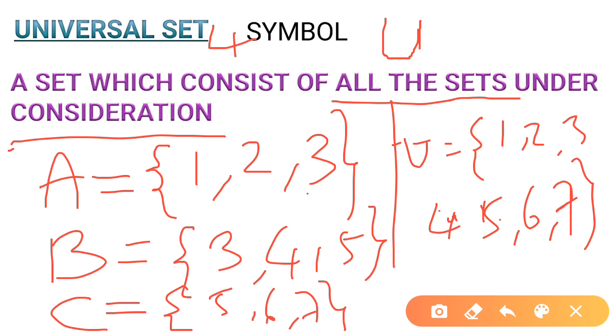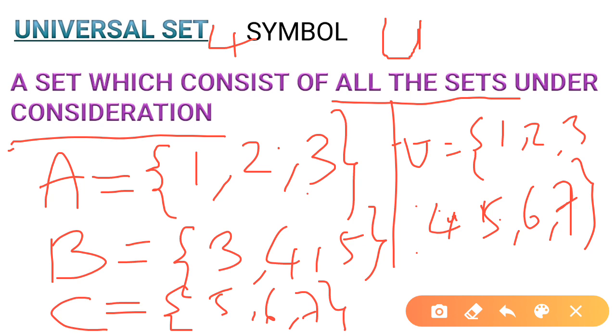In the previous problem I considered two sets, so the universal set went up to 5 only, but now I am taking an extra set C with some more elements, 5, 6, 7, which are also included, so the universal set has changed, and that depends on the problem and on the considered sets.